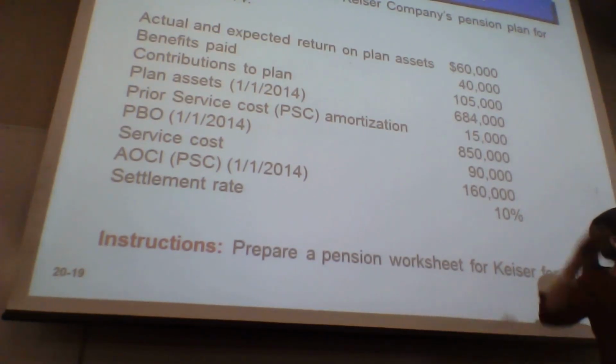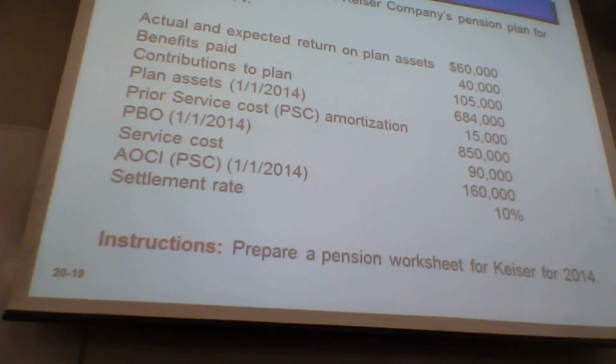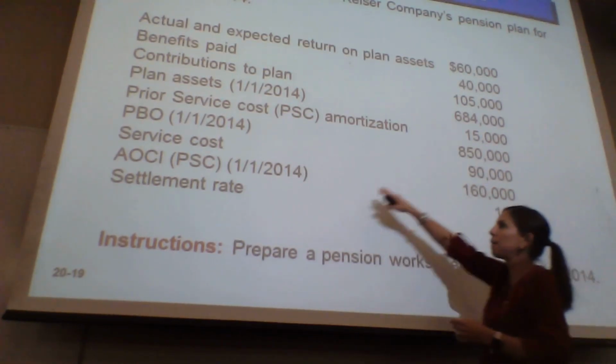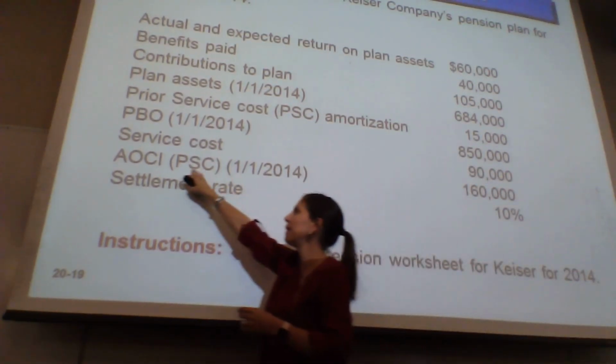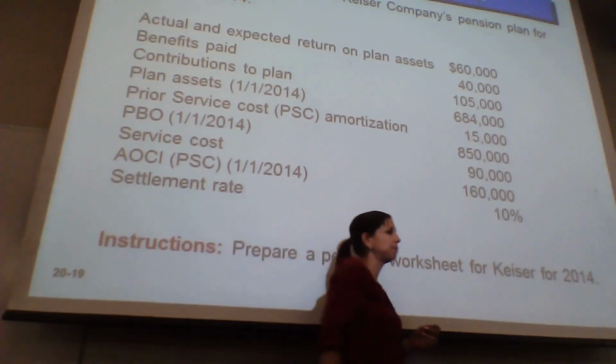Okay, so here's all the information. We have the return, the benefits paid, contributions made, the beginning balances of our plan assets and PBO. We did have some amortization of a prior service cost, our current year service cost, our balance in AOCI at the beginning of the year, and the settlement rate.